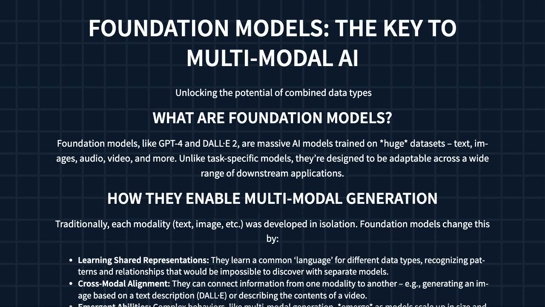So, instead of building separate AI for generating images from descriptions or translating speech to text, foundation models can essentially bridge the gap and create these combined outputs. They do this by finding common patterns and relationships in all of that data, aligning different modalities, and even exhibiting surprising new capabilities as they get bigger. Ready to see some examples?